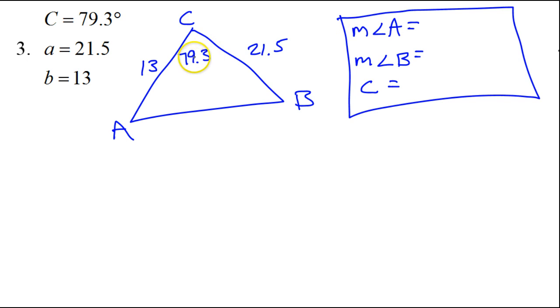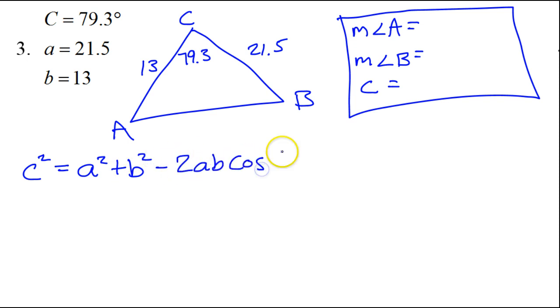Let's start with the angle that we're given. We're given angle C, so I'm going to start off with a version of the law of cosines that goes C squared. C squared is equal to A squared plus B squared minus 2AB cosine of angle C. So C squared, we don't know that, but the A and B we do.